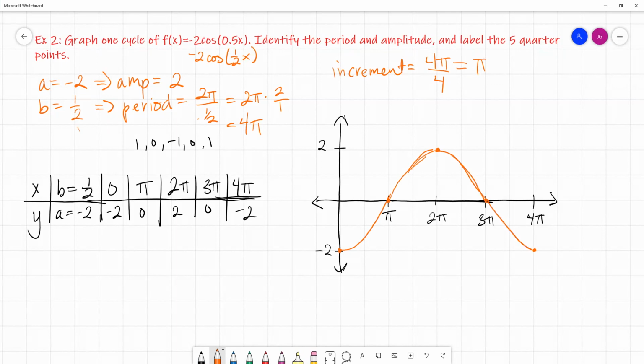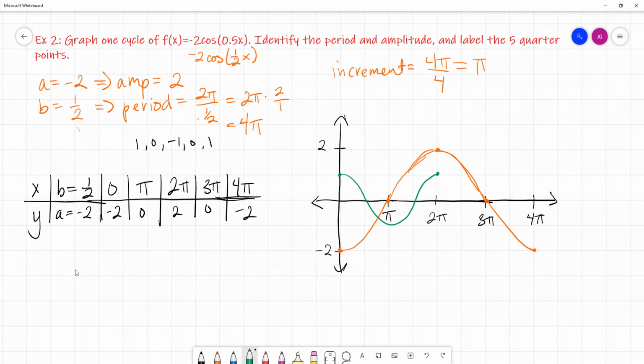There we go. Okay, and then I'm going to draw for you in green the original graph, right? Remember, we start at 1, and then here's pi over 2, here's 3 pi over 2. Kind of looks like this. Here's the original cosine graph.